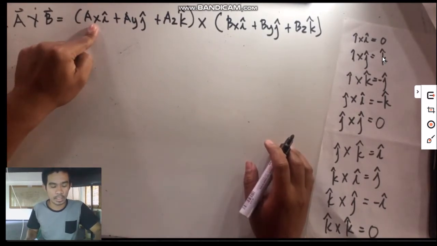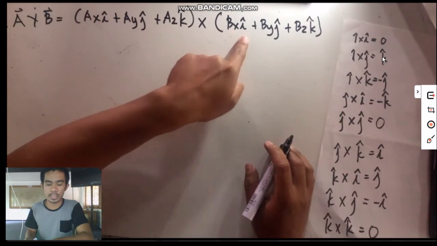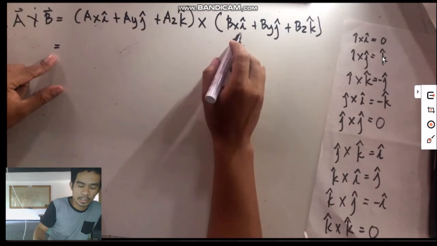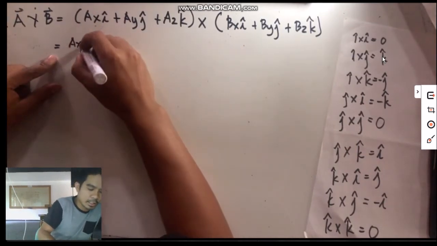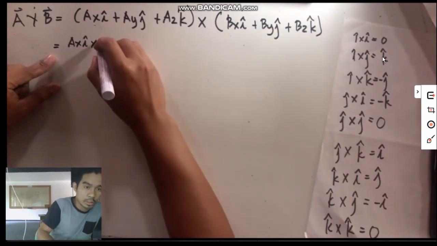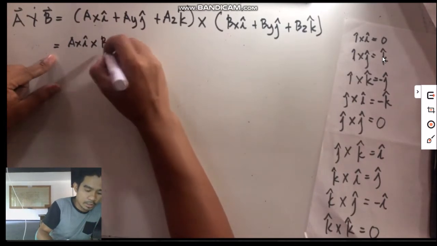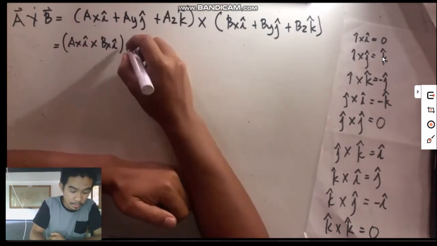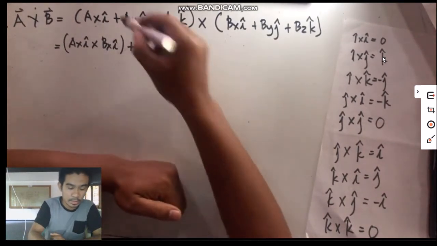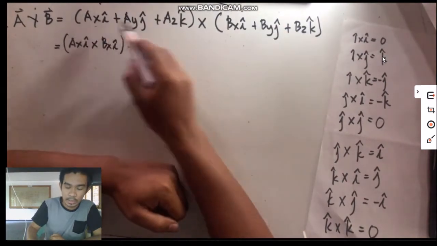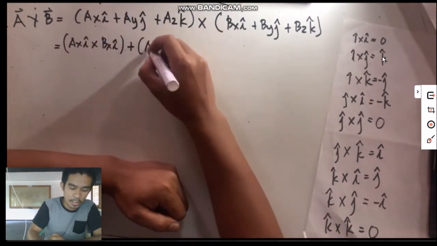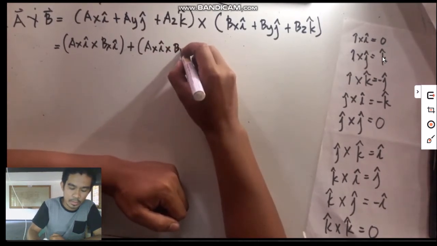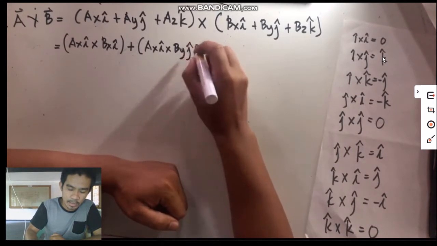So Ax i hat cross Bx i hat, then plus Ax i hat cross By j hat.